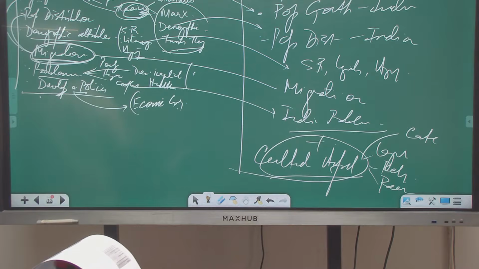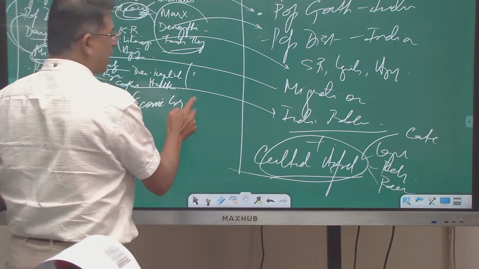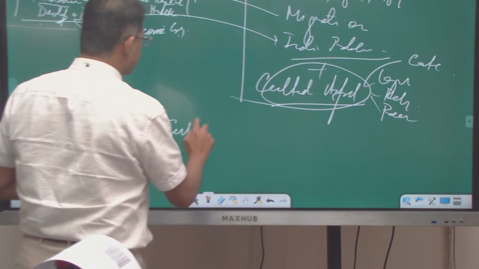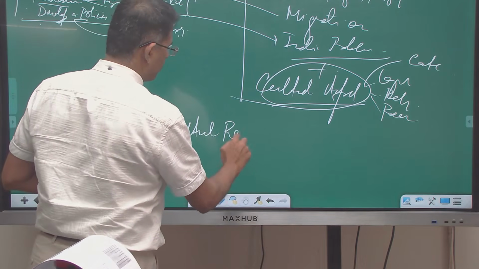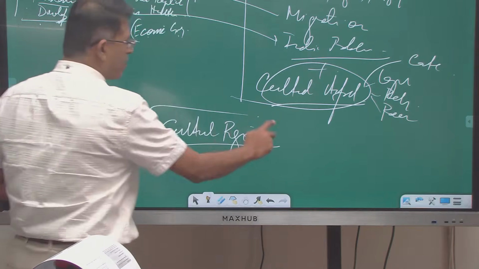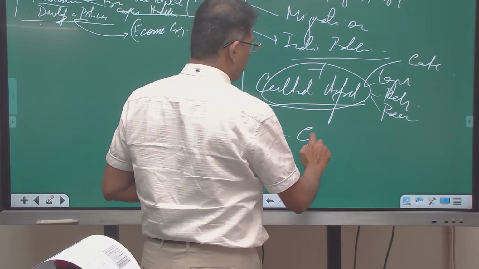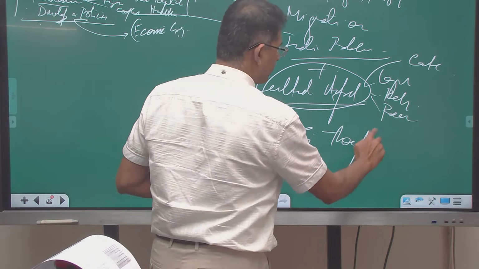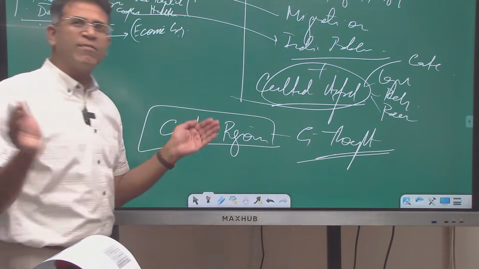Cultural aspects. There's one topic in the syllabus, cultural regions. This topic is in the geographical thought unit. I'll put all of them together.